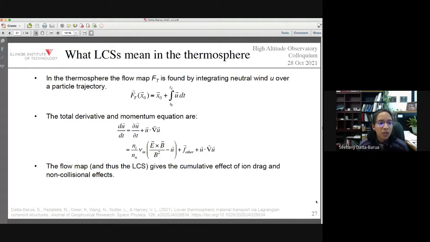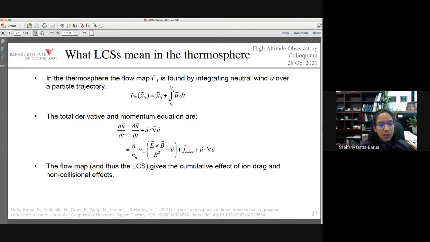Now, neutral winds are governed by the momentum equation. So we have the local derivative and then the convective term in the description of the momentum change. And the forces on the fluid will be due to collisions.